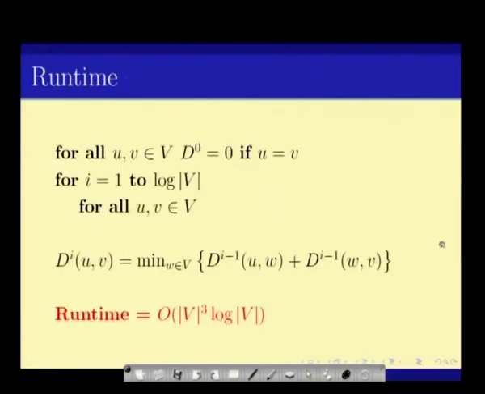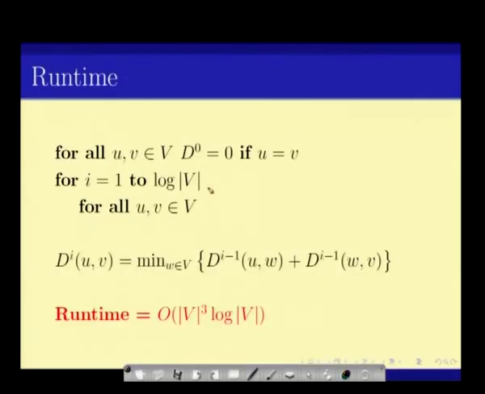The runtime: note that we had a table containing V square number of entries, and we maintain it for log V number of steps. So, we had V square log V entries, and now to update each entry, since I was taking a minimum over all U, I required V steps.